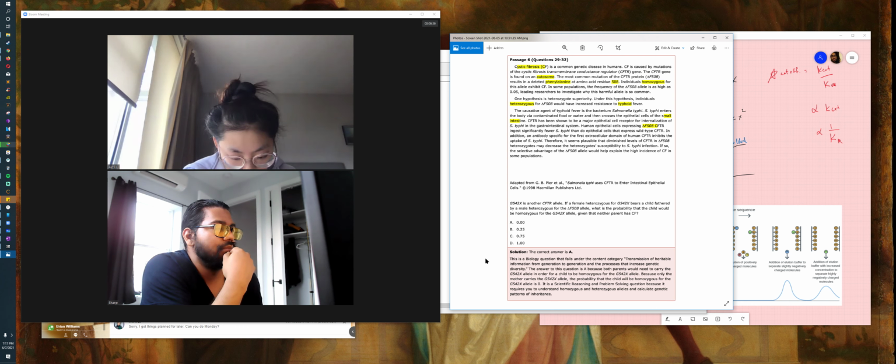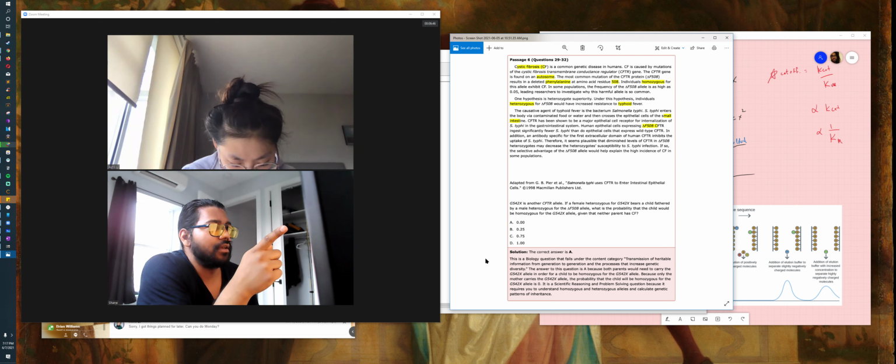That could help you. But wait, let's see. Okay. The most common mutation, the F508 allele, results in, okay, homozygous for this means that they have cystic fibrosis.